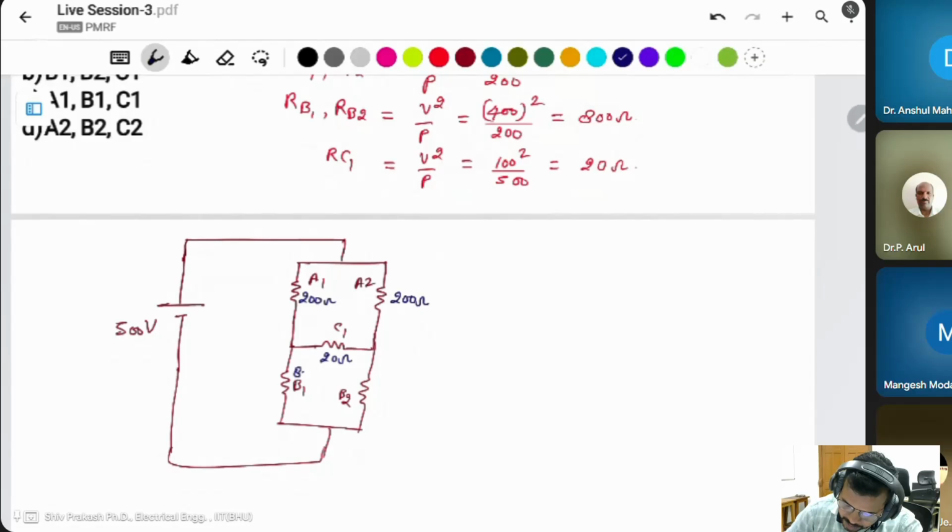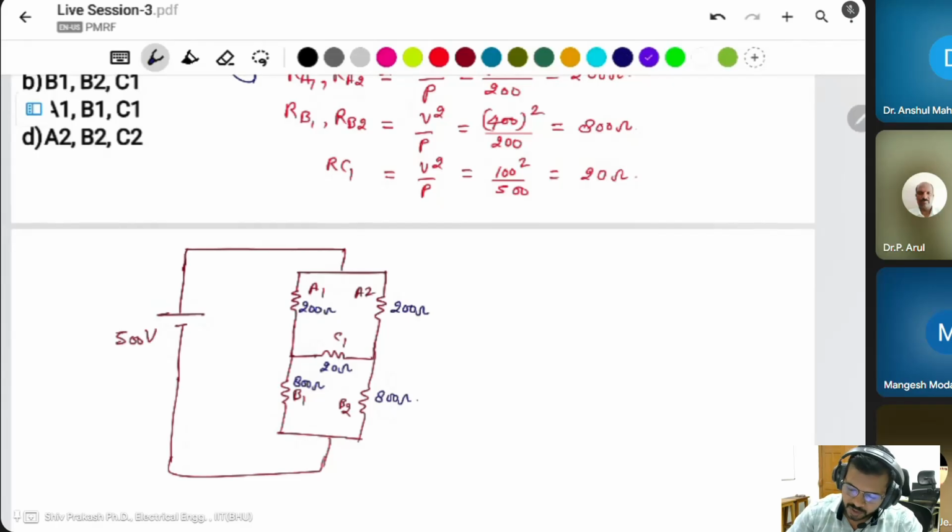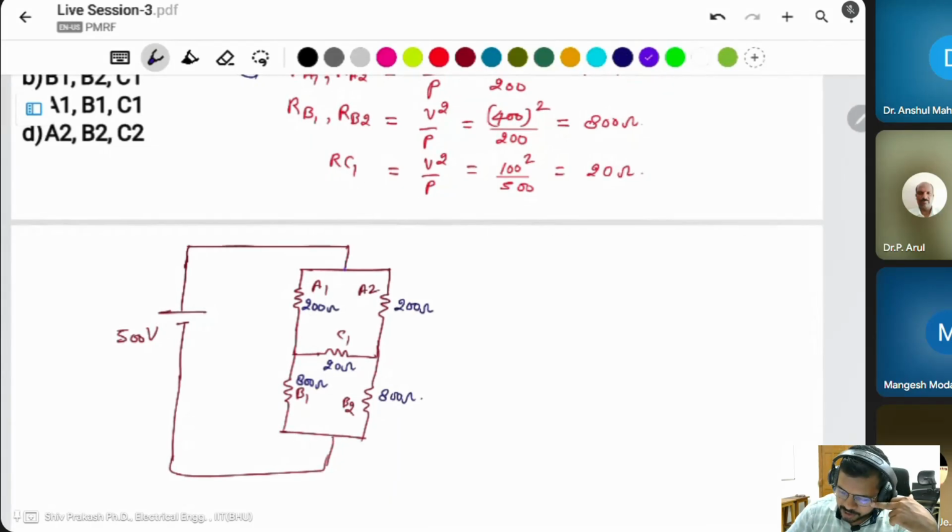This will be 800 ohm, this is also 800 ohm. This is 800, 200. This will be 800, 200. This is making the bridge.